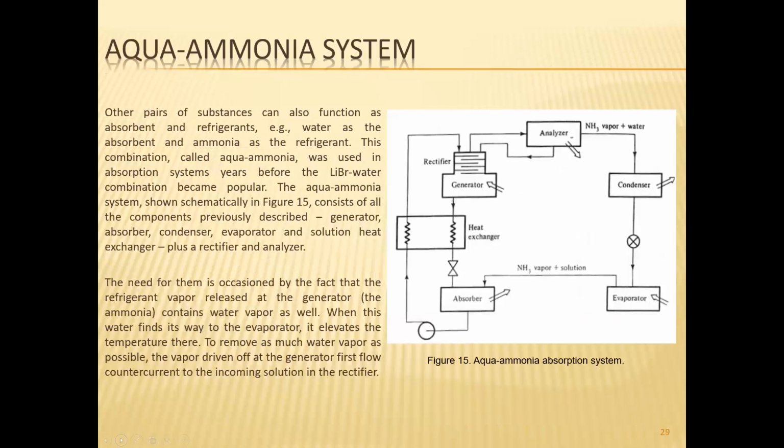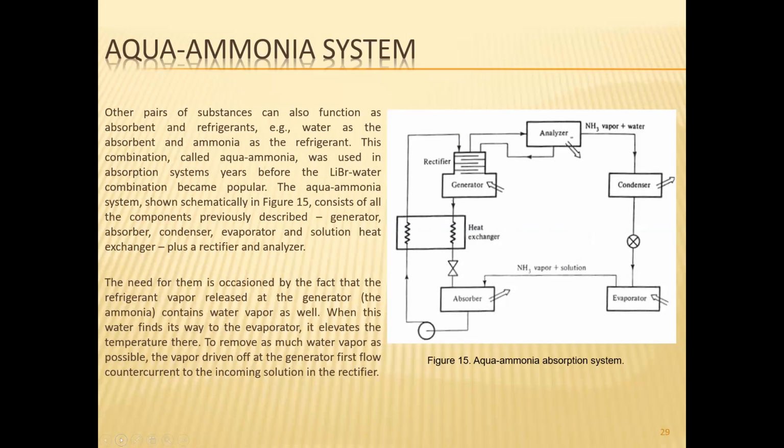Next is aqua ammonia. Okay? An example of this is in other books. Other pairs of substances can also function as absorbent and refrigerant. That is water as absorbent and ammonia as the refrigerant. These are the old ones. This combination called aqua ammonia was used in absorption systems years before the lithium bromide water combination became popular.